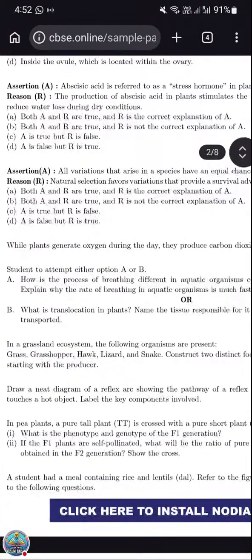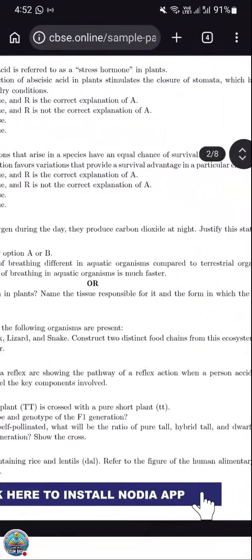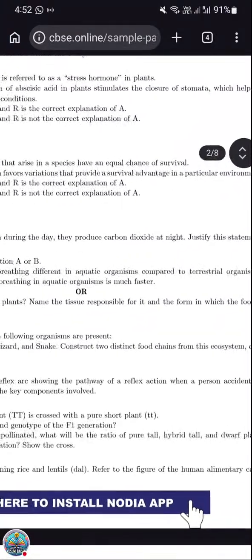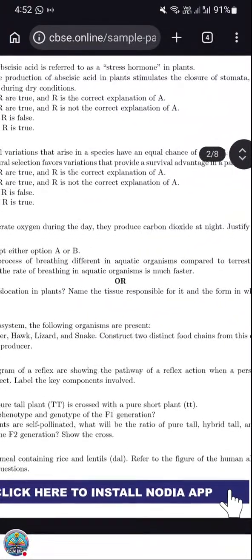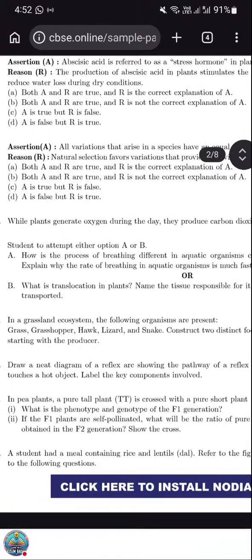While plants generate oxygen during the day, they produce carbon dioxide at night. Justify the statement. Now we are starting with the question answers, 2 marks questions. Plants generate oxygen during the daytime. Why is there oxygen production during the daytime?